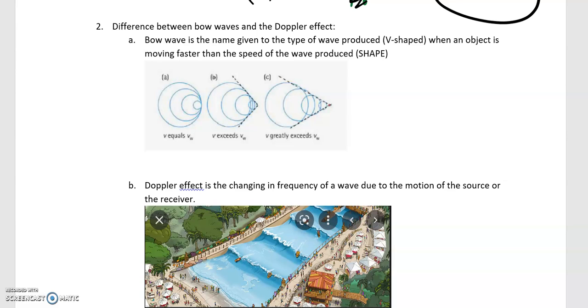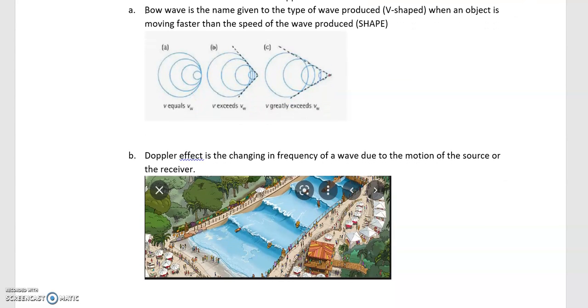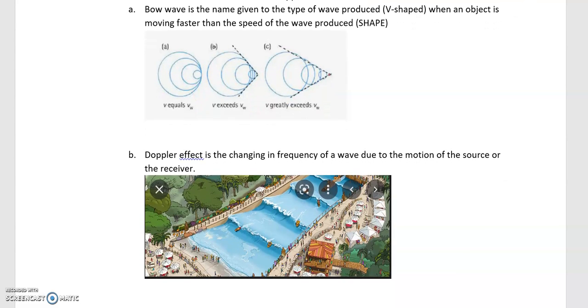Now, the Doppler effect. I know the textbook gives different examples, like your typical siren, if a police car or a fire truck goes past you, there's sound you can hear. But what it is, is the change in the frequency due to either the motion of the source, so the fire truck moving, or it can also be the motion of the receiver.